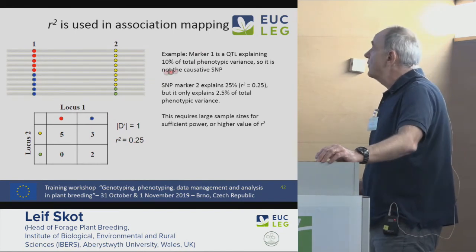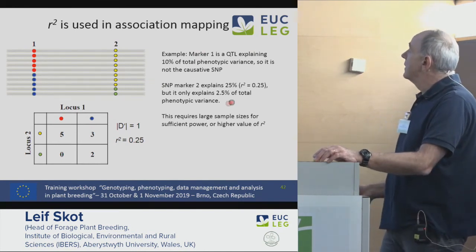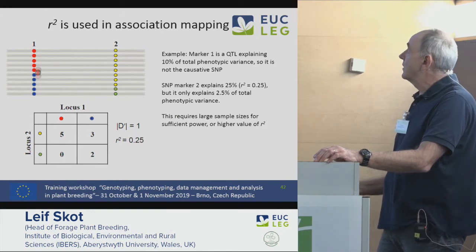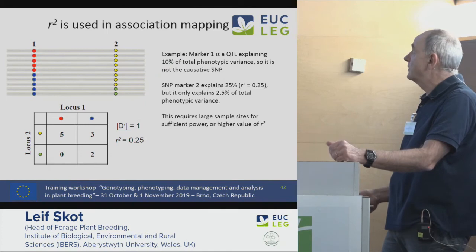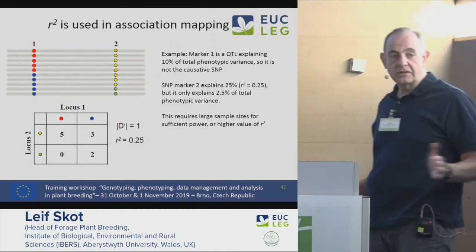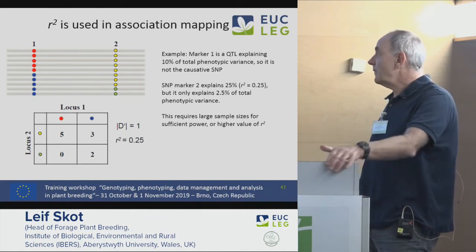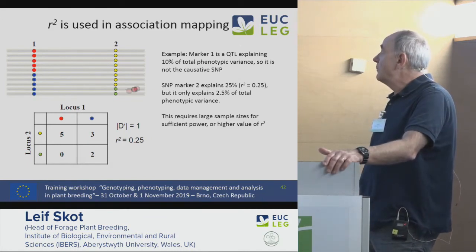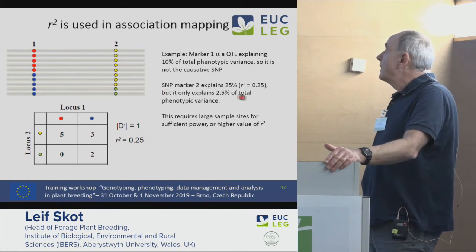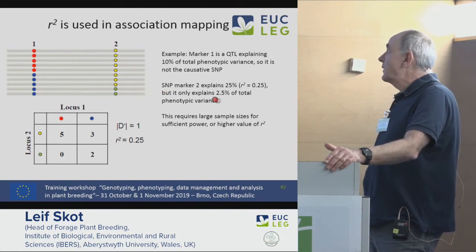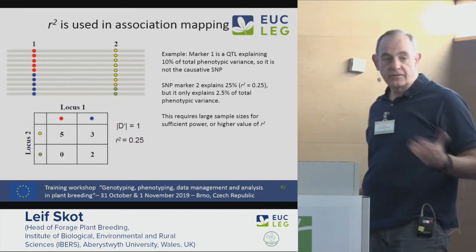If, for example, this is a QTL that explains 10% of total phenotypic variance, so it's not the causative SNP, and marker 2 has an R squared of 0.25, then it only explains 2.5% of the total phenotypic variance.